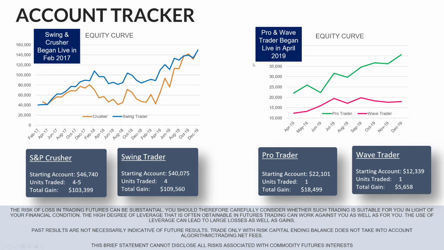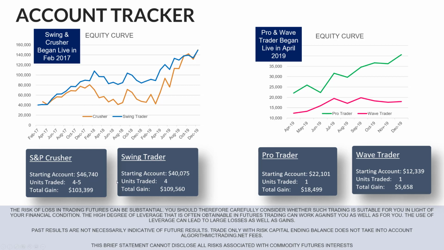All right, so hopefully this is helpful. Again, I just wanted to show you this so that you could have an idea of what accounts that have been trading with us for more than a year, kind of what they've done. And this is not nominal, meaning it's just the raw account balance.